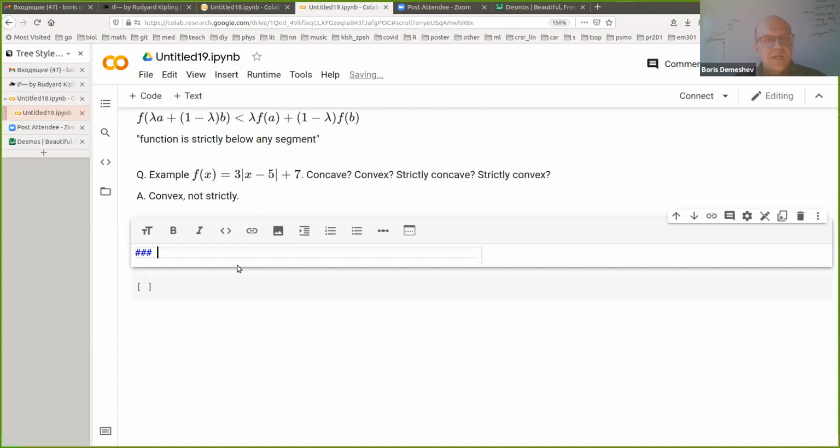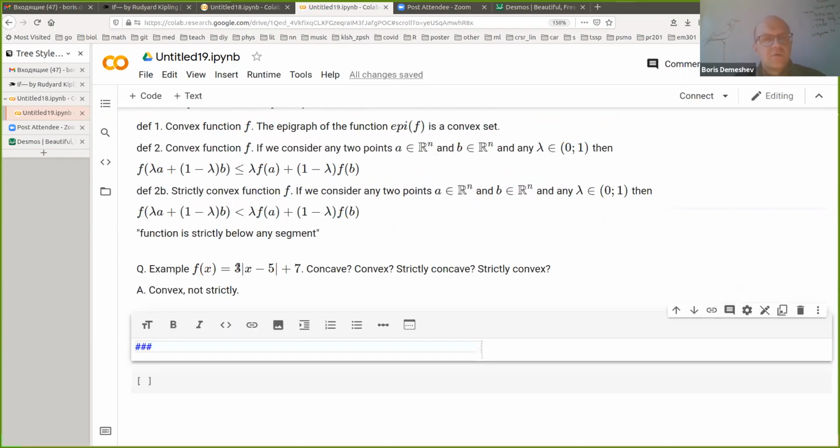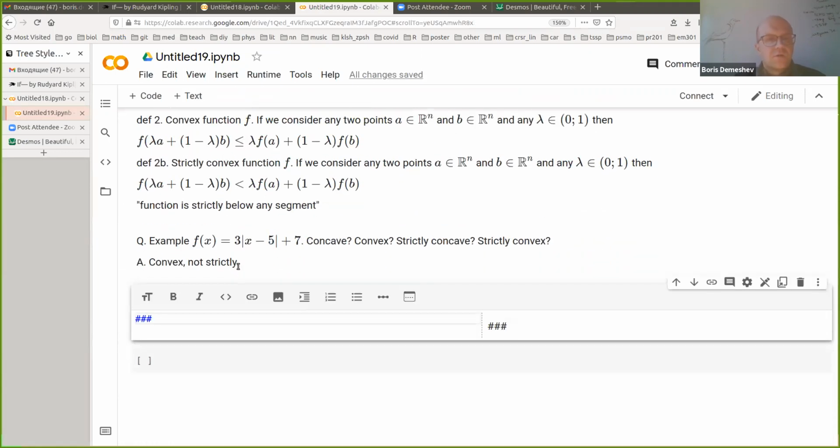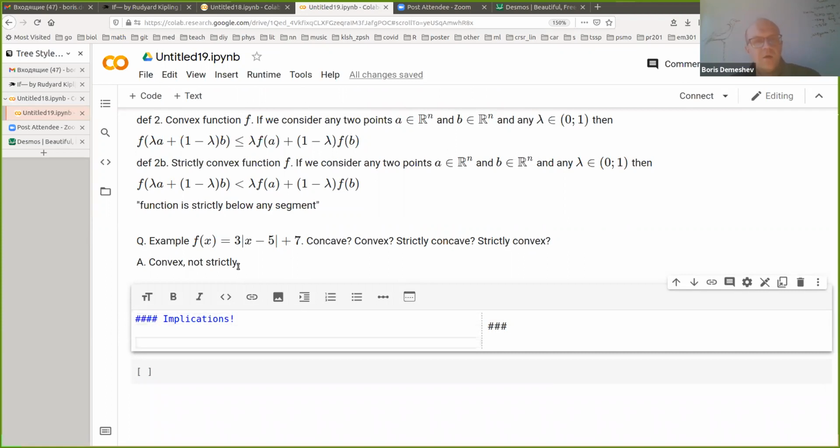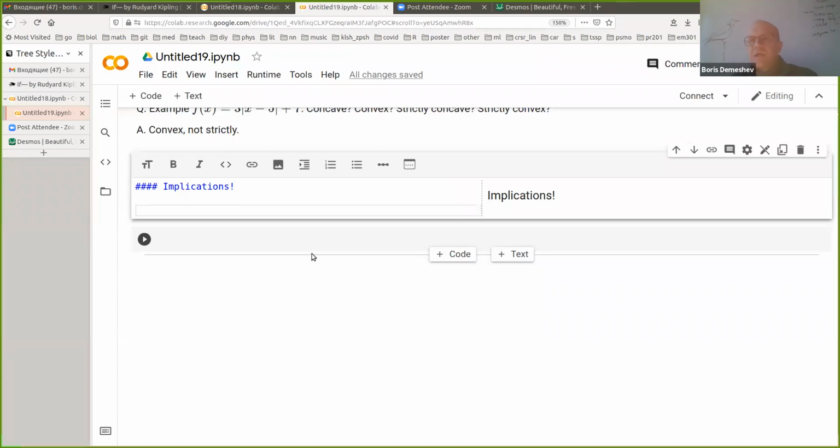What are the implications? Maybe I will add 4 signs. Implications. The first implication: when we work with a convex or concave function, that means the function is continuous.